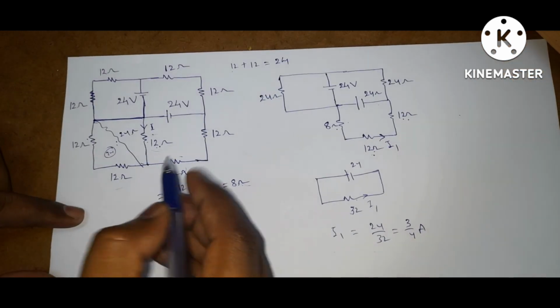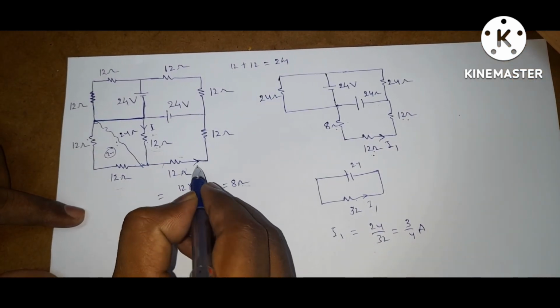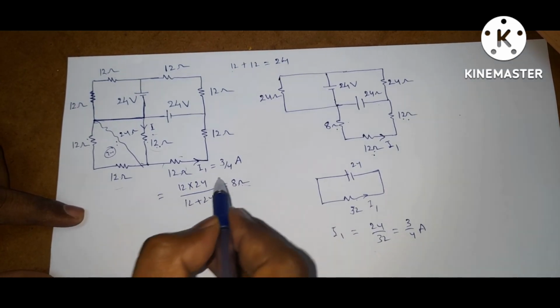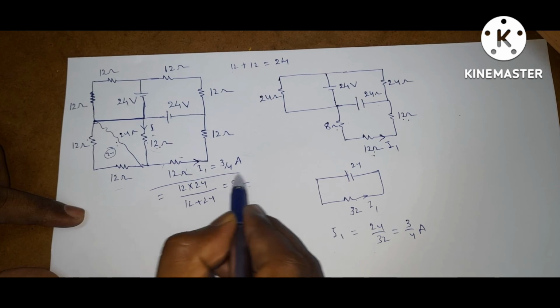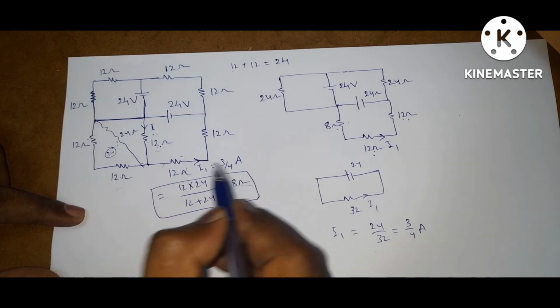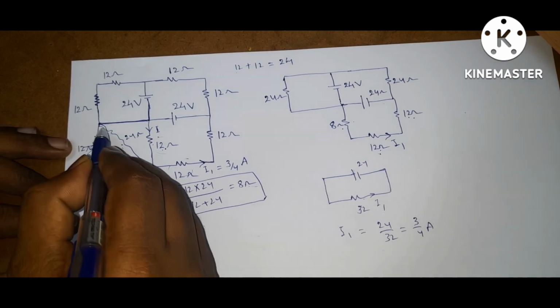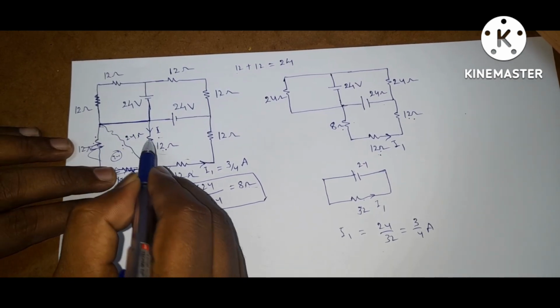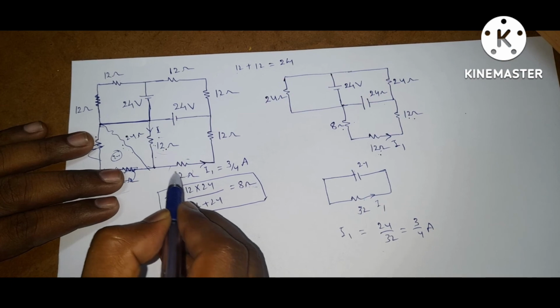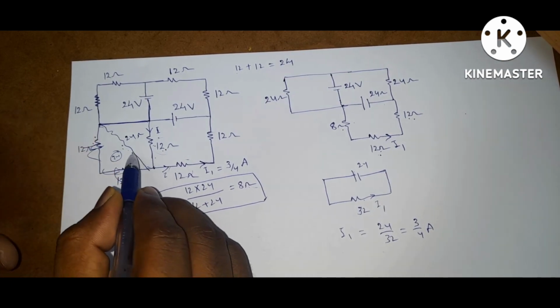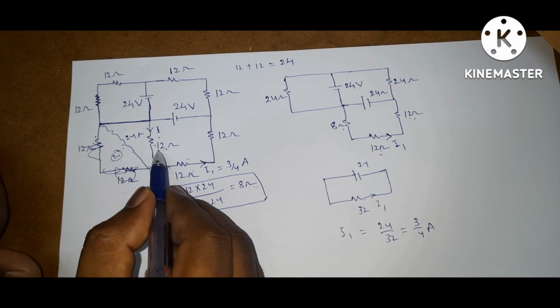Now if you observe here, this is I1. I1 is equal to 3 by 4 amperes. So just strike out this. This is 24, this is 12. These two are in parallel. So here this is the total current. Whenever two parallel resistors are there, we can apply the current division rule.